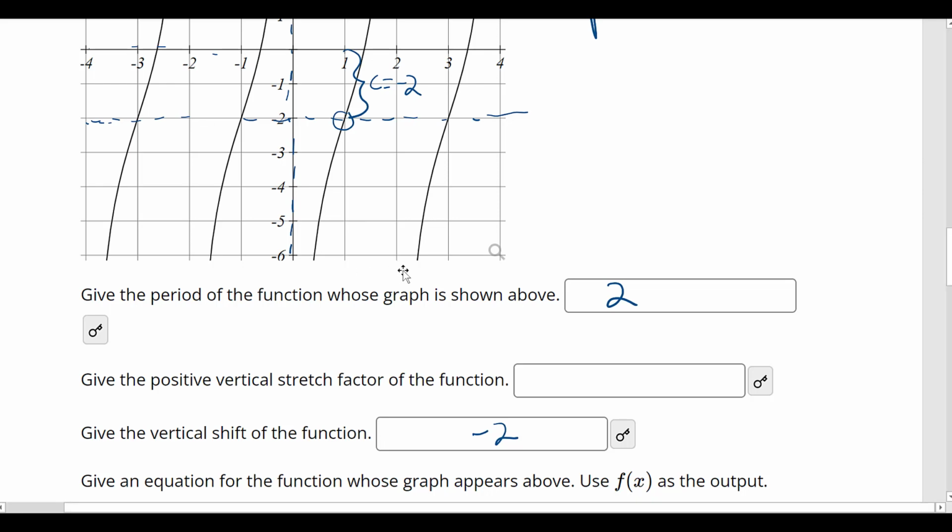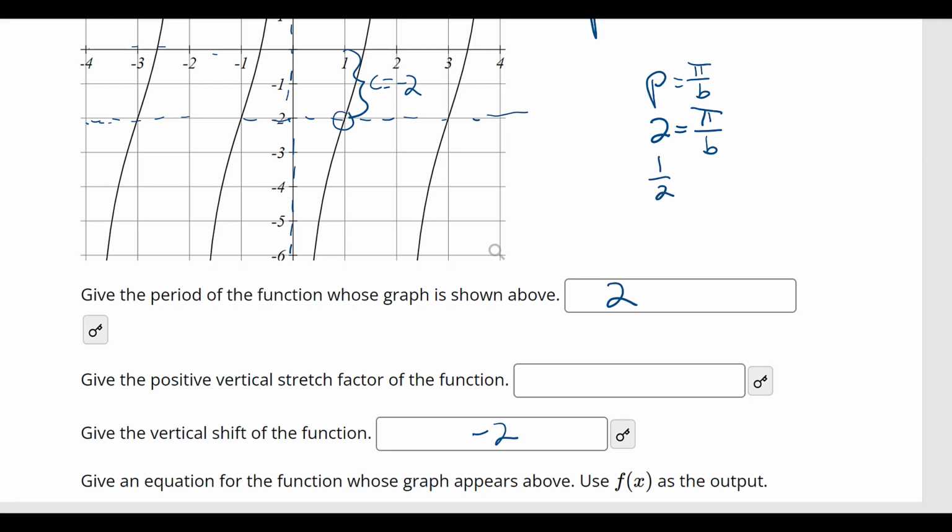So the period is going to be pi divided by b. So our period is 2. So 2 equals, let me fix what I was writing. 2 equals pi over b. So I'm going to flip both sides.